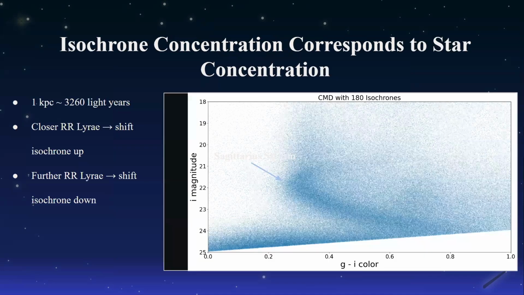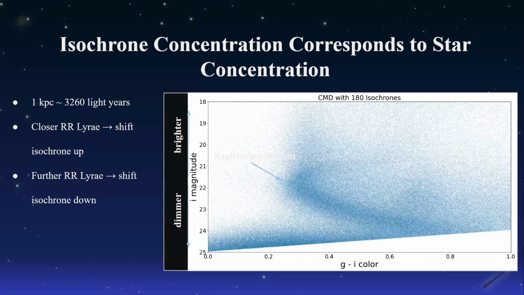Moving on to our CMDs, we plotted isochrones to predict where associated stars would lie on the CMD. We did this by shifting the isochrone based on the distance from the RR Lyrae to the Earth. What this means is if the RR Lyrae was relatively close, we would shift the isochrone to a brighter position. And if the RR Lyrae was at a relatively further distance, we would shift it to a dimmer position.